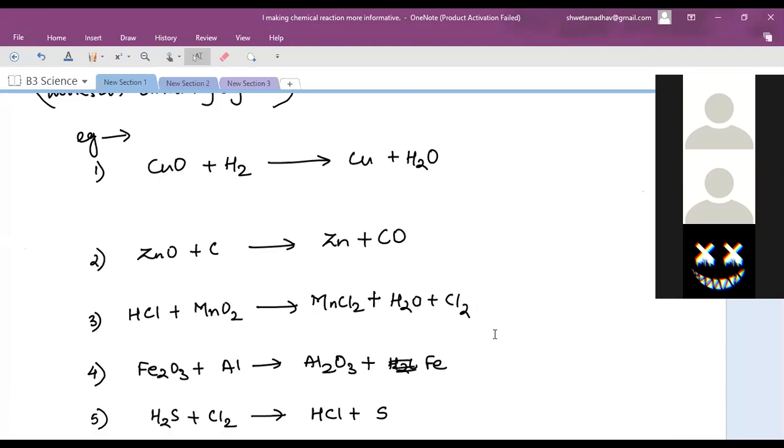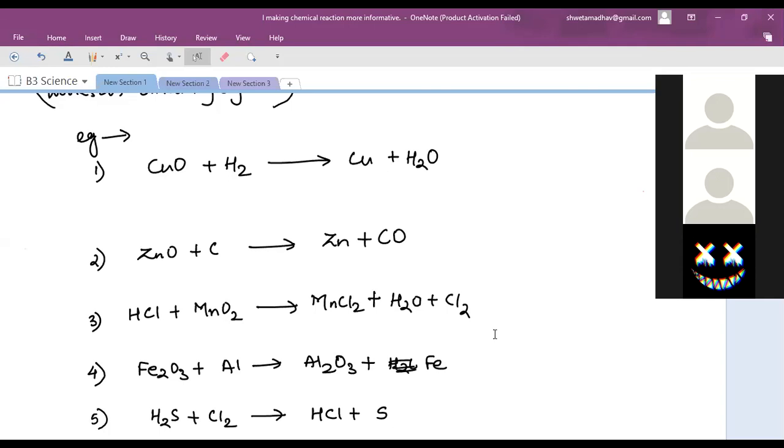Oxidation means? Gaining of oxygen or losing hydrogen. Which compound lost hydrogen or gained oxygen? HCl. So HCl is oxidized.